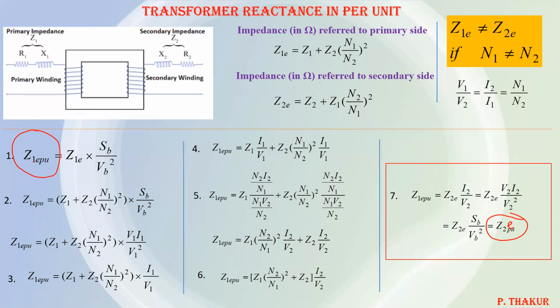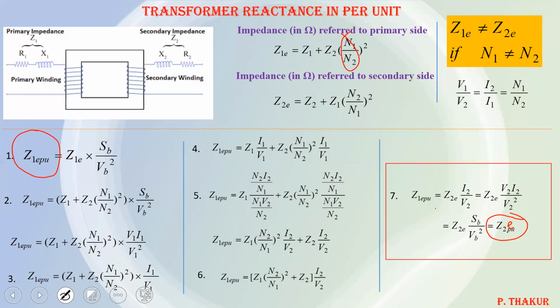Referred value of total impedance of the transformer does not depend on the turn ratio. If total impedance of the transformer referred to the primary is 0.5 per unit, for example, then for the same transformer, total impedance referred to the secondary will also be 0.5 per unit.